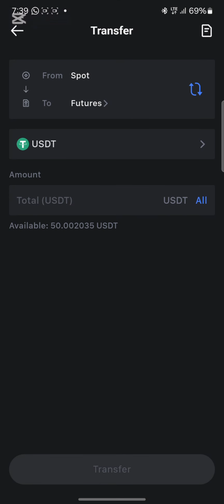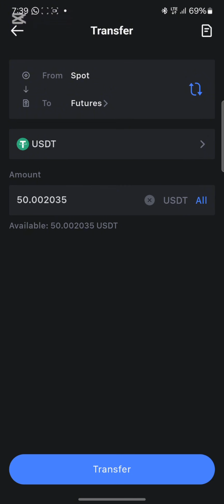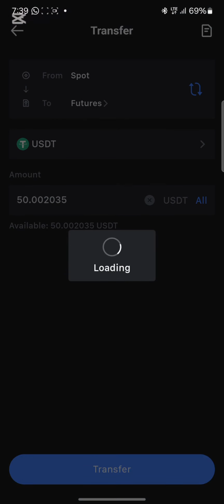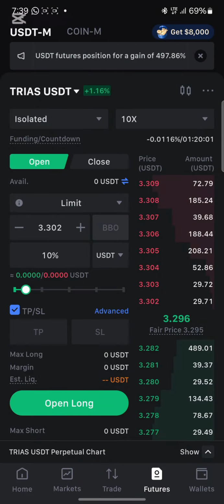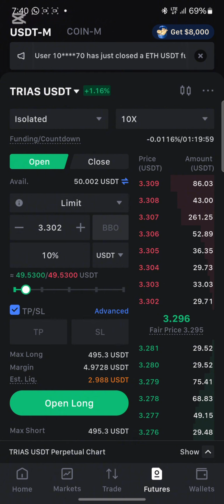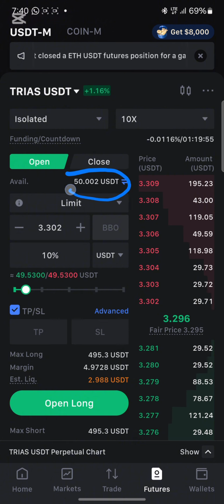Once it opens, you will select. I already have some USDT in my spot account, so let me select all, then click on transfer. So let's go and trade. My USDT is already in my futures account.